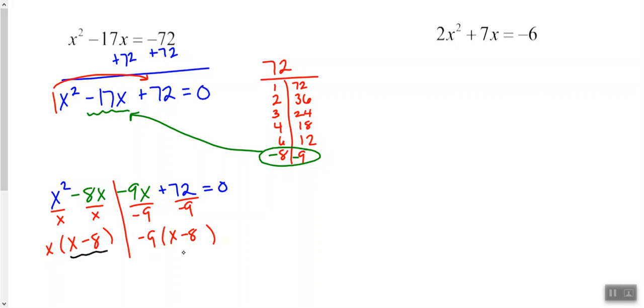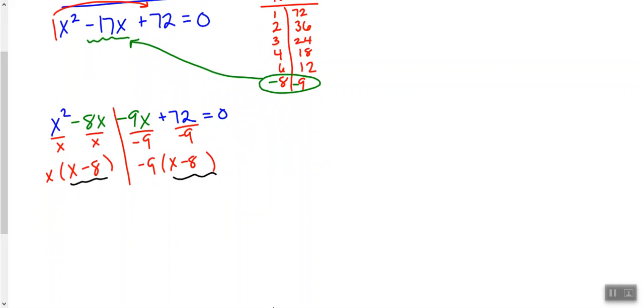So I'm on the right track because my parentheses match up, which means my factors are the x minus 8 and then my GCFs of x minus 9. Still equals 0. Now you have not solved it yet, this is just factoring.